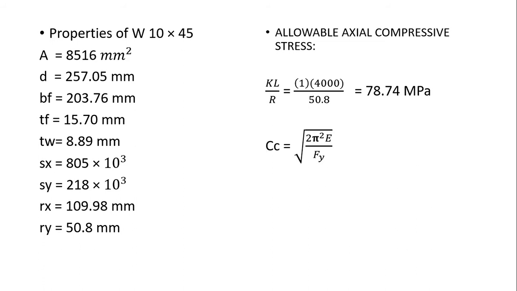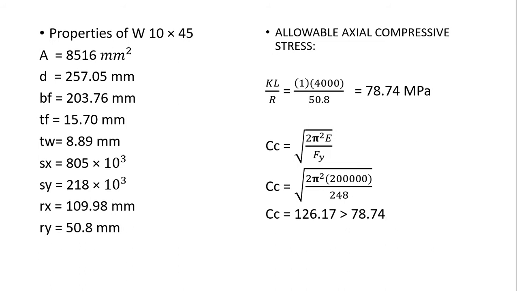Then Cc is equal to square root of 2 pi squared times E over Fy. Substitute the value. So square root of 2 pi squared times 200,000 over 248. So Cc is equal to 126.17, which is greater than 78.74.